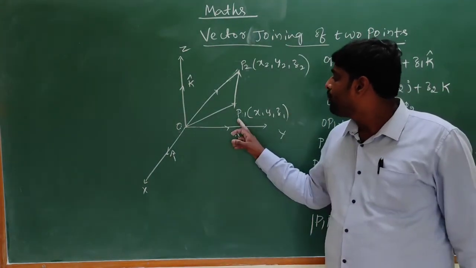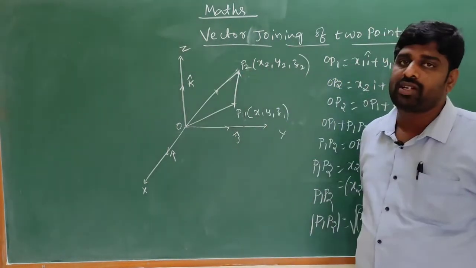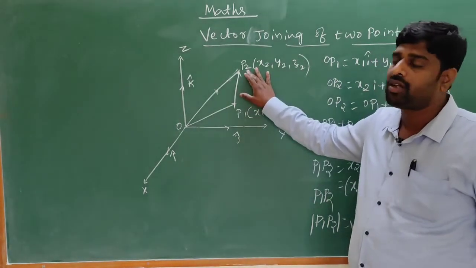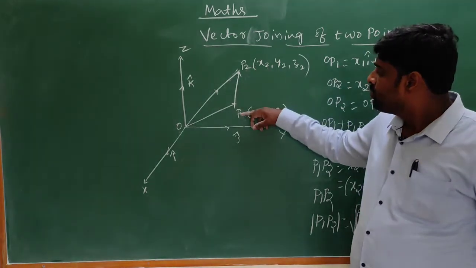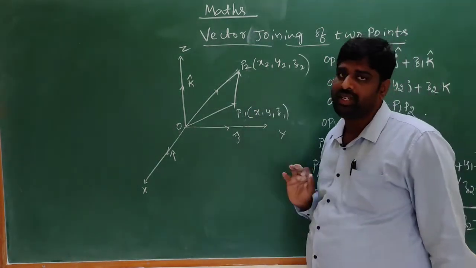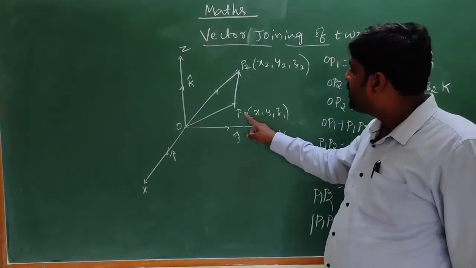Observe here, this is the vector joining two points formula. Let P1 be one point, P2 another point. Now I want to find the P1P2 distance.